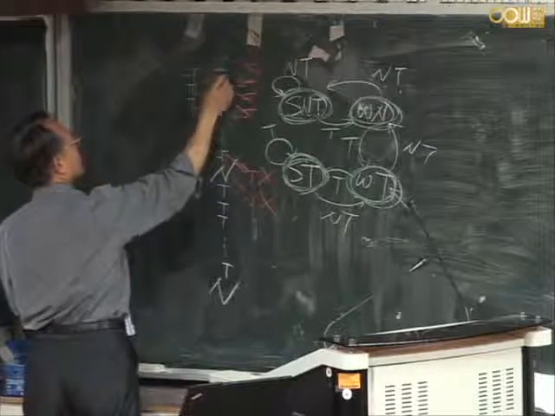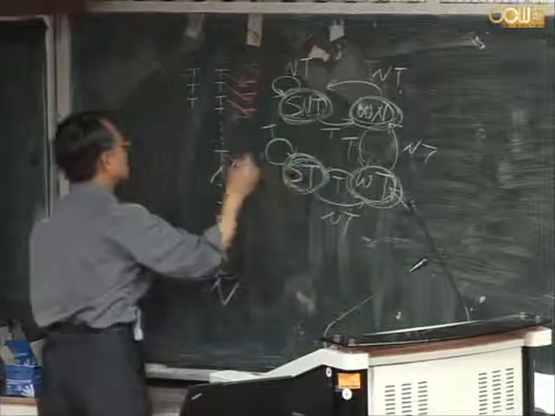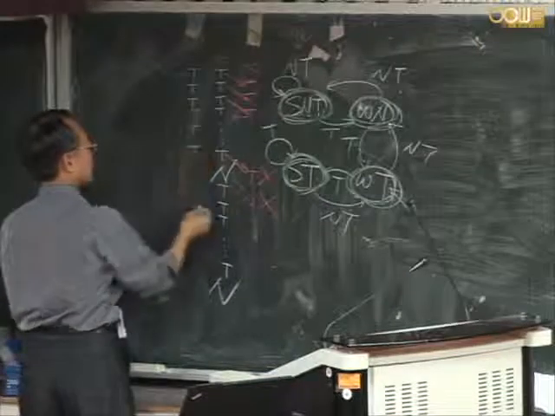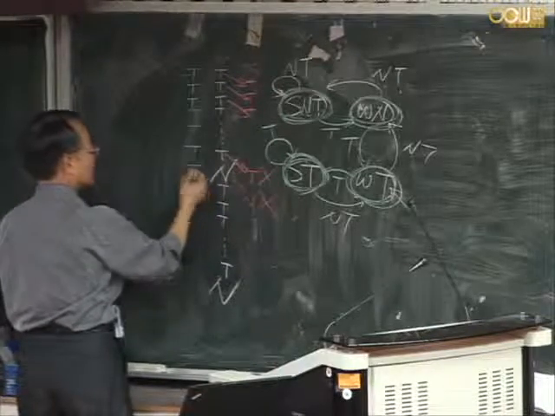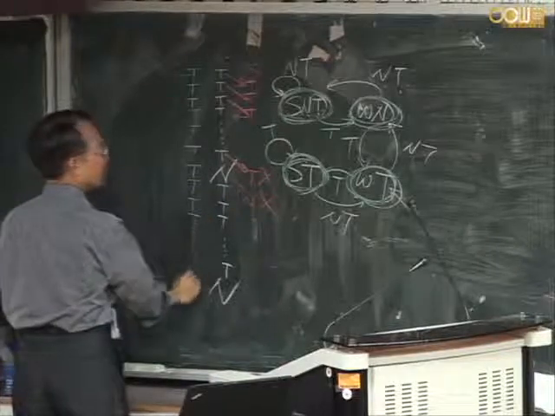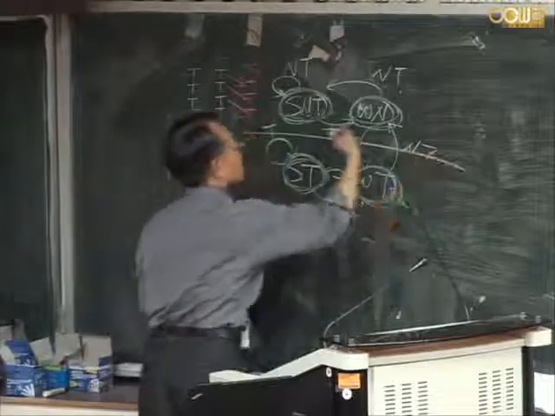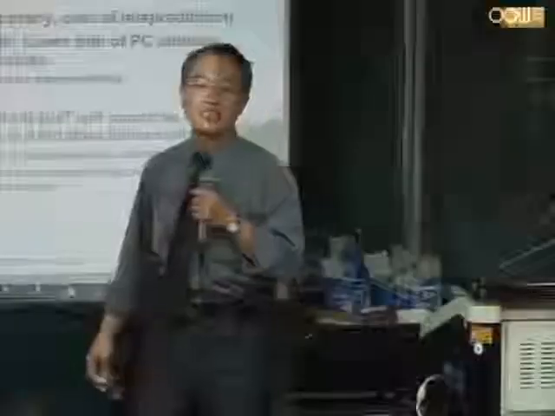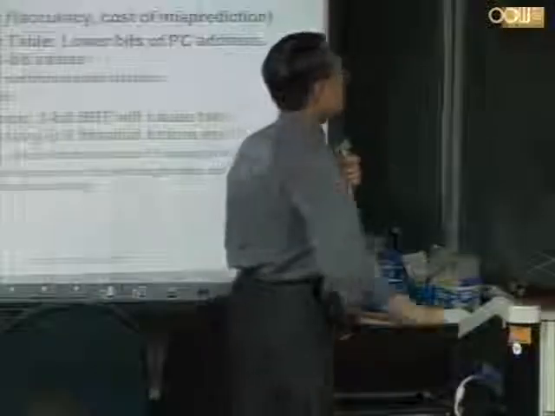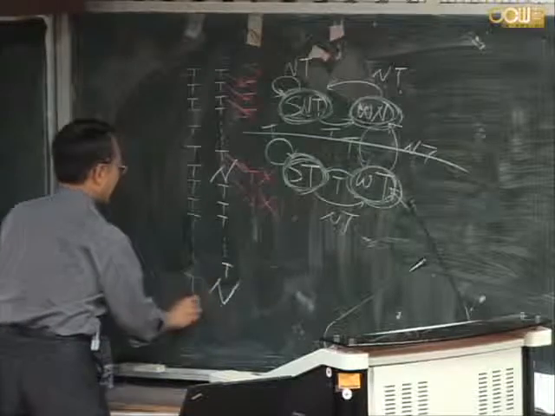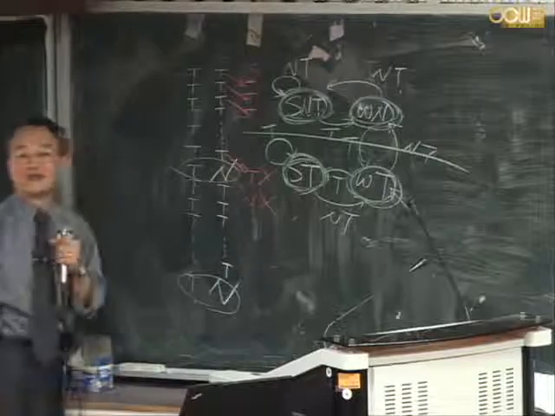When I first encounter it, I already used a taken prediction. And here, not taken, doesn't matter. My prediction will still be taken, because one not taken will not switch me into the not taken prediction side. So using 2 bits, I'll be wrong only once. Improvement.